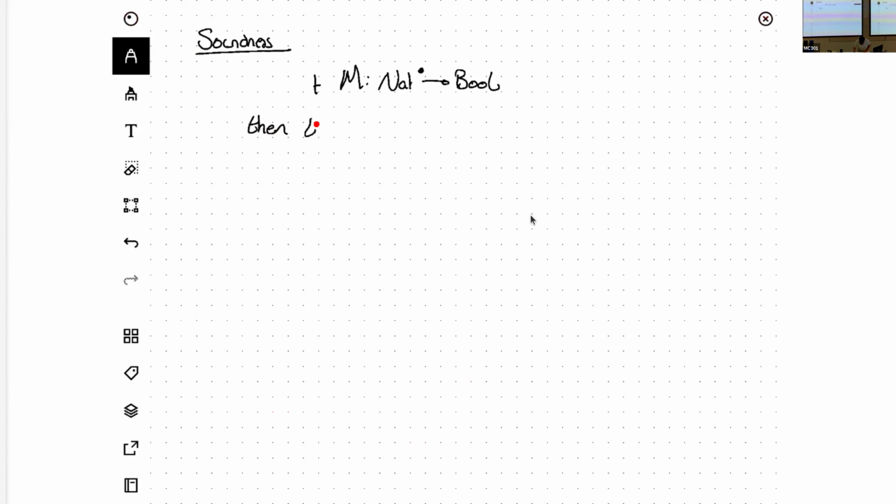there exists a program, let's call it EM, such that for all n, when we evaluate it, we get some Boolean in k steps.